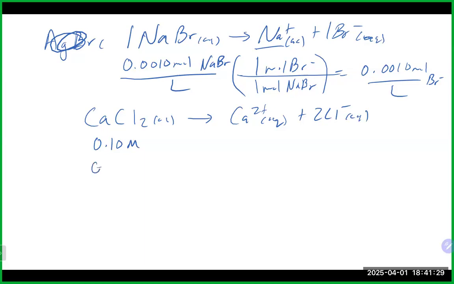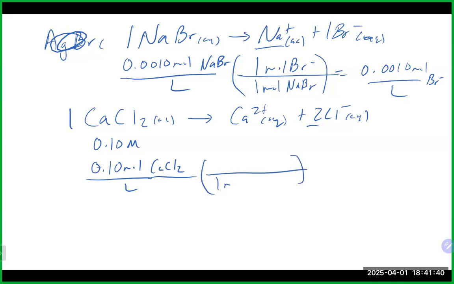That would be 0.1 moles per liter of calcium chloride. And if we were interested in the chloride, it's a 1-to-2 relationship. So in that case, you basically would go 1 mole of calcium chloride gives you 2 moles of chloride. Those cancel, gives you 0.2 moles per liter of the chloride ions. It's a 1-to-1 for the calcium, so it'd actually be the same.